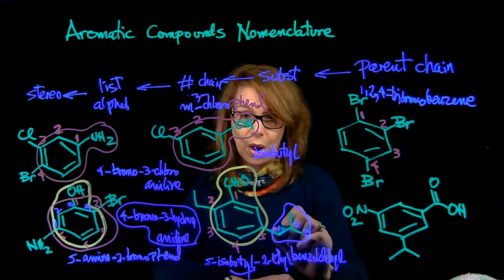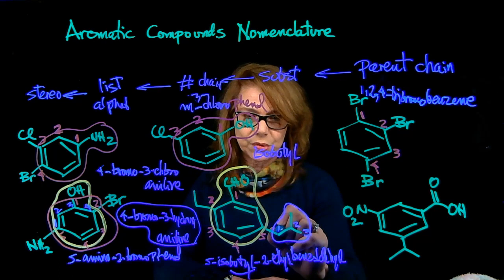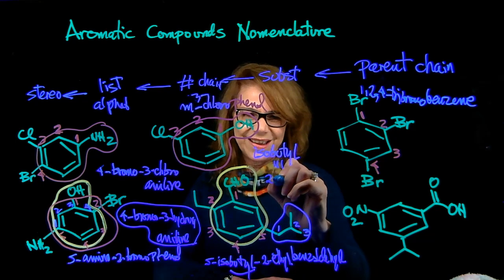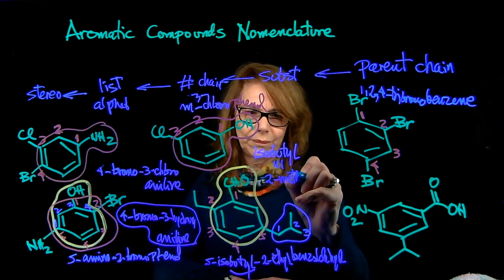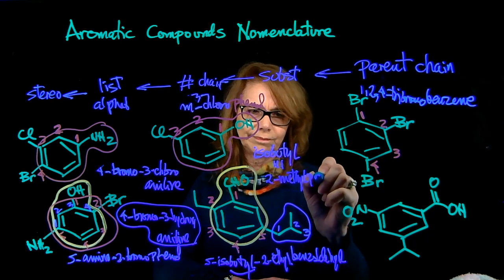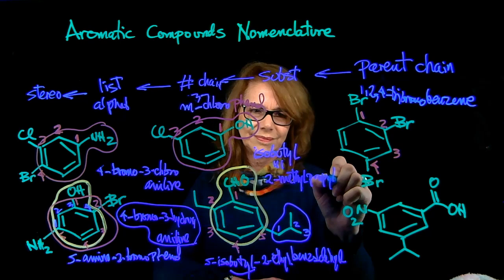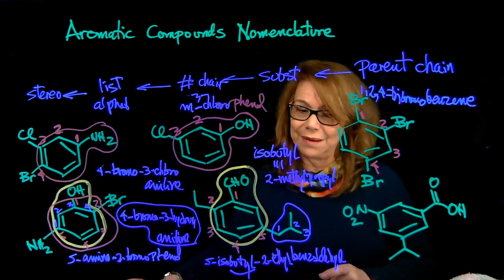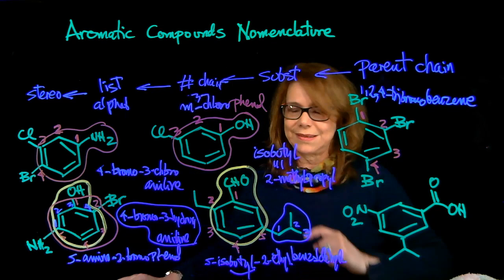Choosing carbon 1 as the one attached to the main chain, 1, 2, 3, isobutyl is equal to 2-methylpropyl. So you may also see that instead of isobutyl.